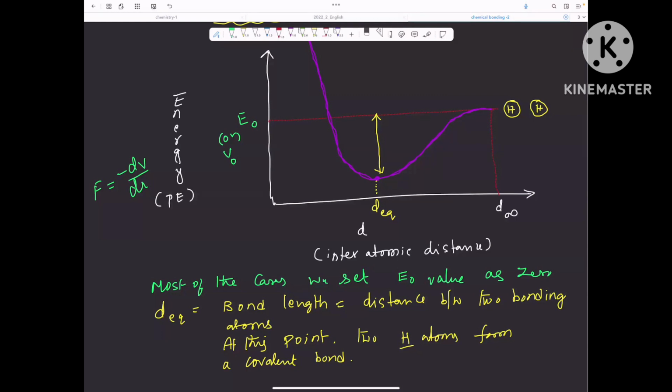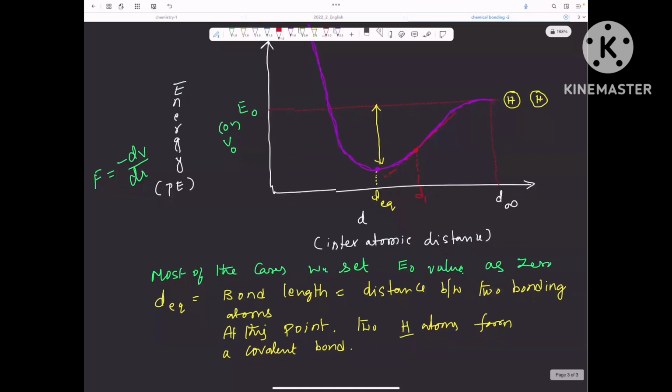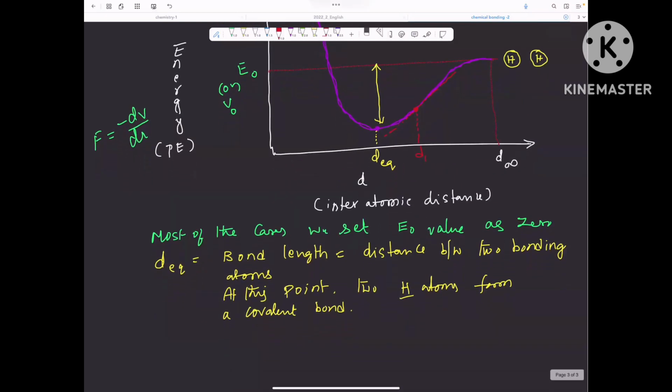Let us suppose I compute the slope at a particular point. So let us say this is the slope drawn corresponding to the point D1. What is the slope? Positive. So at D1, dV by dr is positive.